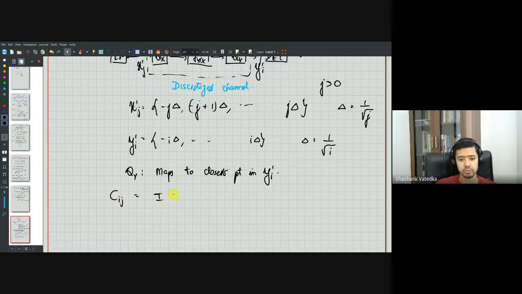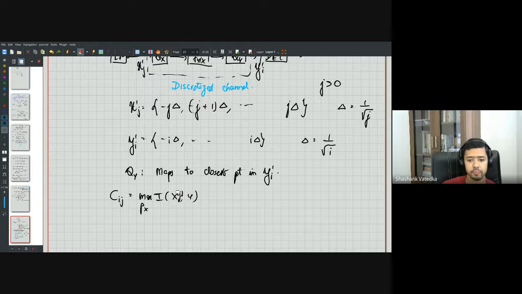The capacity is equal to the maximum over all input distributions P_X of I(X_J; Y_I), just to denote that these are quantized alphabets.